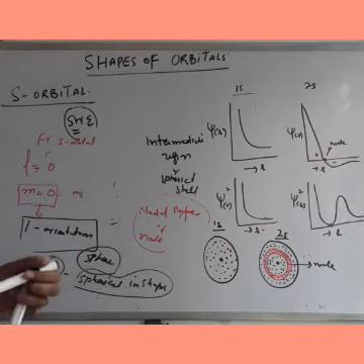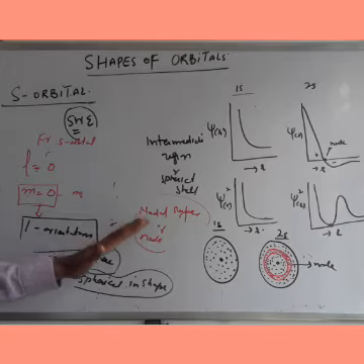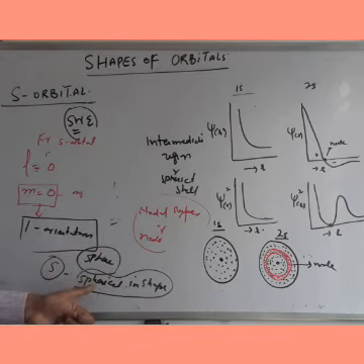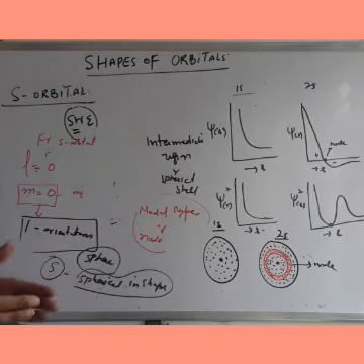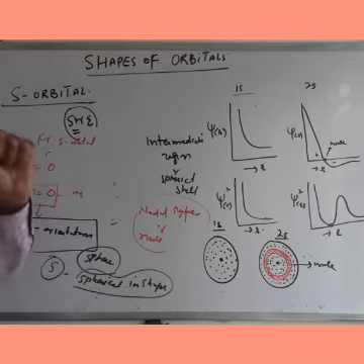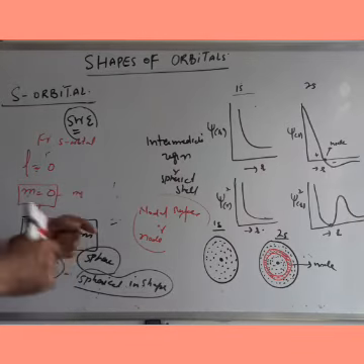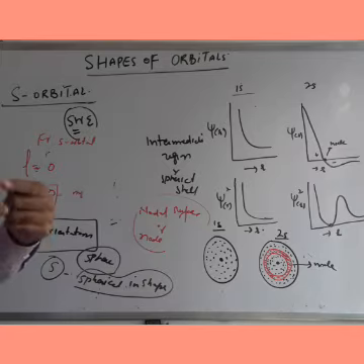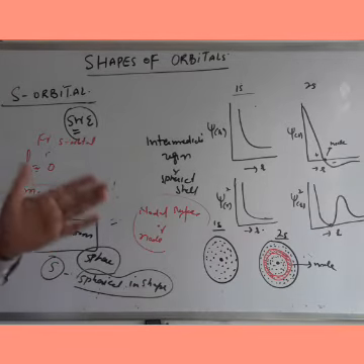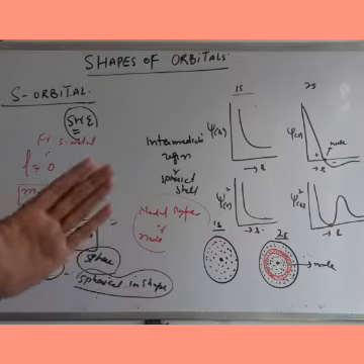Spherical means that the probability of finding the electron in an s orbital is the same in all directions at a particular distance from the nucleus. That is, the chances of finding the electron will be exactly the same in all directions in an s orbital, because it is spherical in shape, at a particular distance from the nucleus.